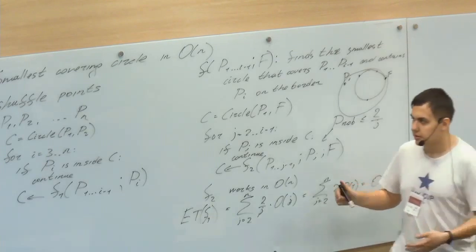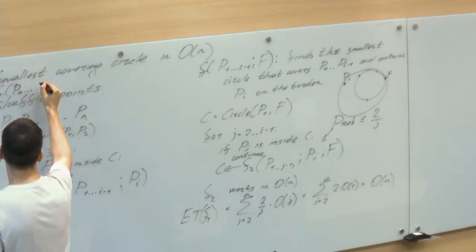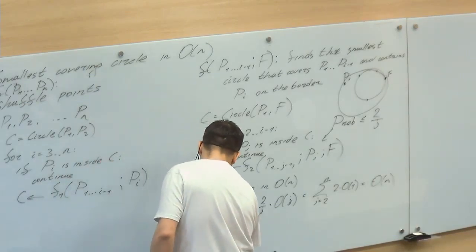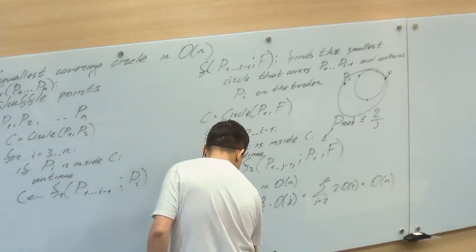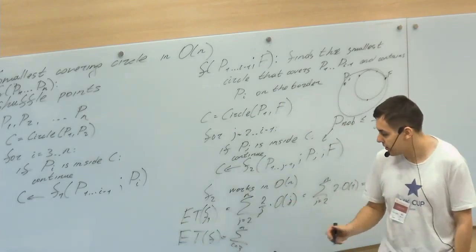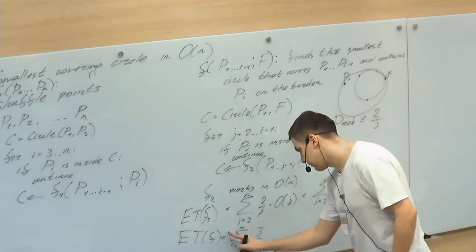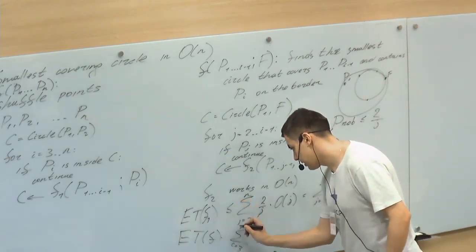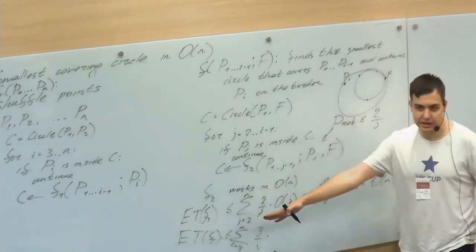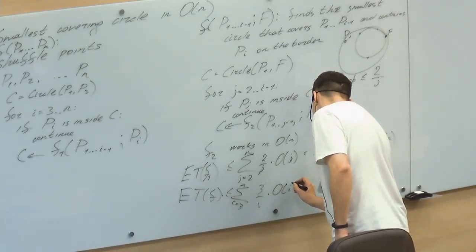In the same way, if we call it this f, then the expected time that function f takes is, again, we sum over all i's from 3 to n. The probability that we make a recursive call is at most, well, it's less than or equal, right? 3 divided by i, times the runtime for the function f1, which is again big O of i.